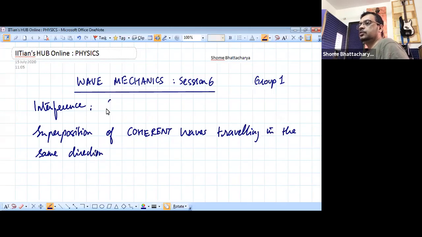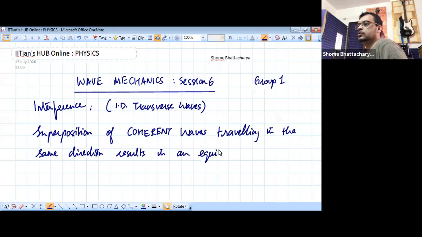Of course, here we are talking about one-dimensional transverse waves, but the definition is almost universal. It's similar for sound and light also. So coherent waves traveling in the same direction, when they superimpose, result in an equivalent amplitude or net amplitude.